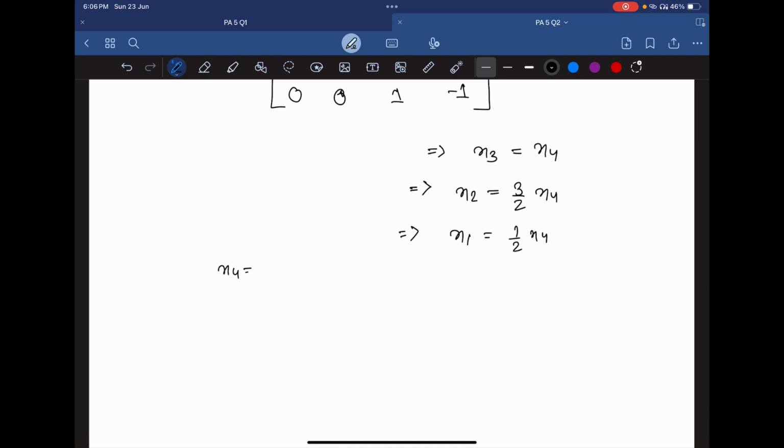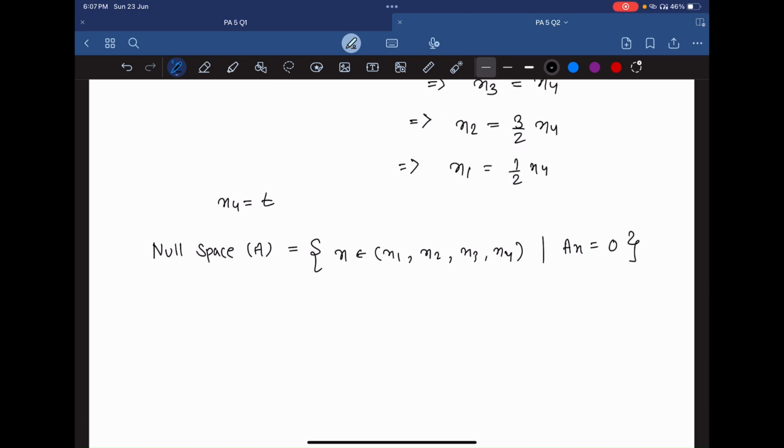So treat x4 equal to t. Then the null space for matrix A would be the set of x1, x2, x3, and x4 such that Ax is equal to 0.